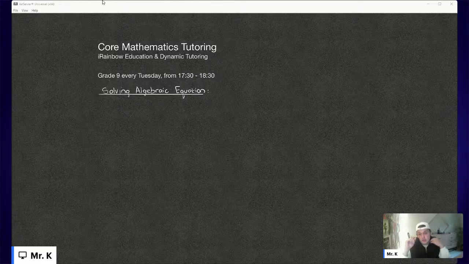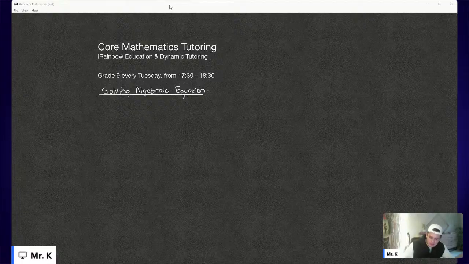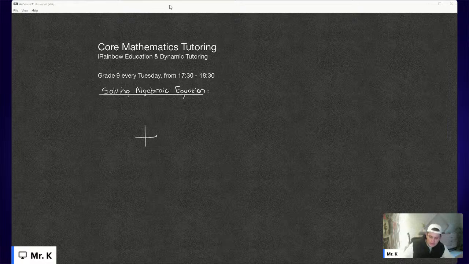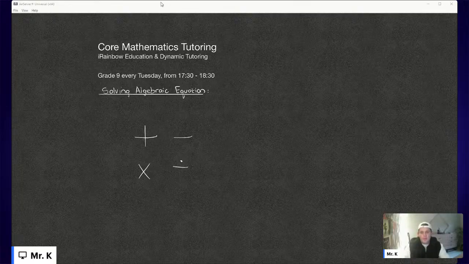Now, as far as algebraic equations are concerned, we need to understand a few things very quickly before we can dive into solving these different equations, right? This is actually something I still go through with grade sixes and grade sevens. We know that our four major operations, or our fundamental operations, are adding, subtracting, multiplying, and dividing, right?